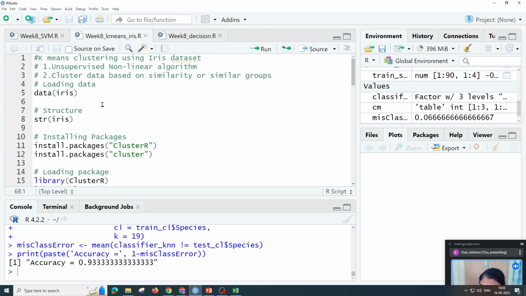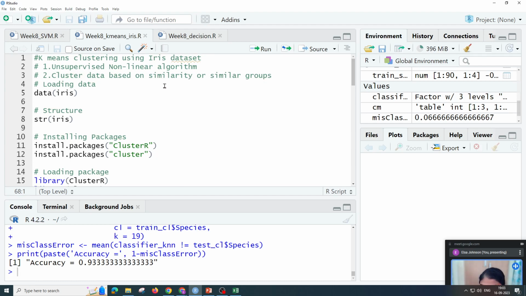Because the IRIS data set is usually used for classification problems, but in your case we'll be seeing how k-means clustering performs. Okay, so you know that k-means clustering is an unsupervised nonlinear algorithm, right? And it clusters data based on similarity or similar groups.